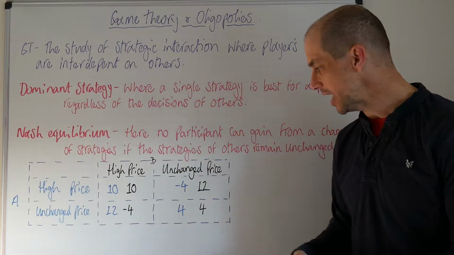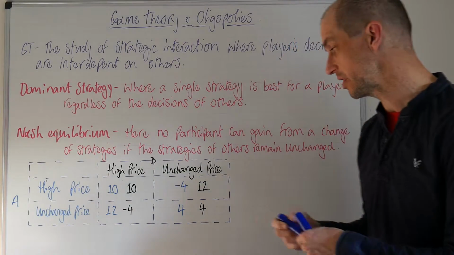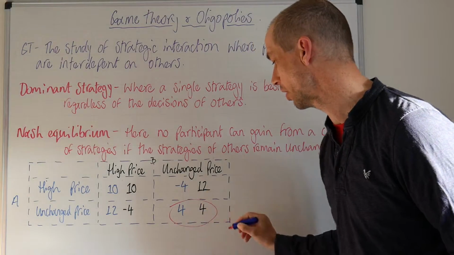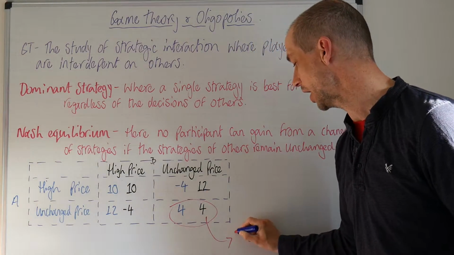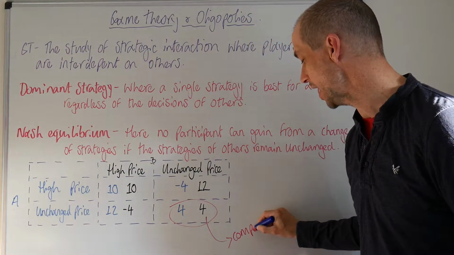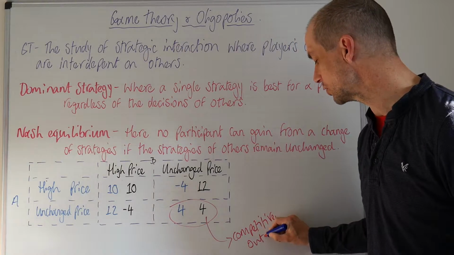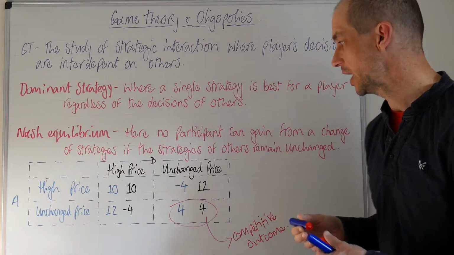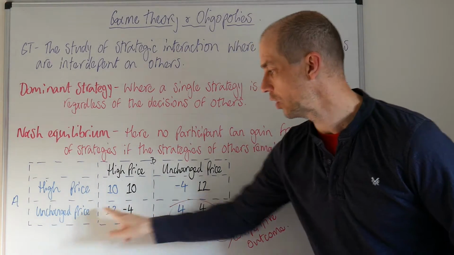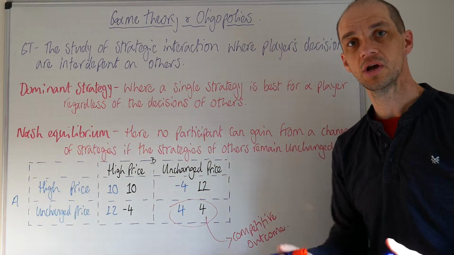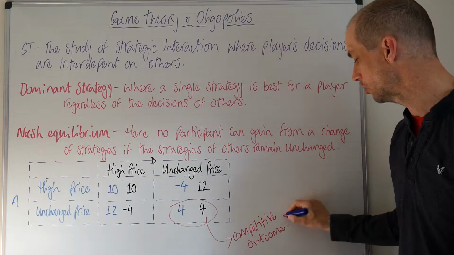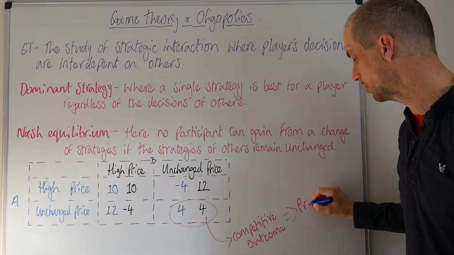Right, so in a competitive oligopoly, the outcome that we would actually derive would be this point here. So this would be a competitive market outcome. What's also significant about this is that we've got unchanged price. This feeds through to what's known as price stability.